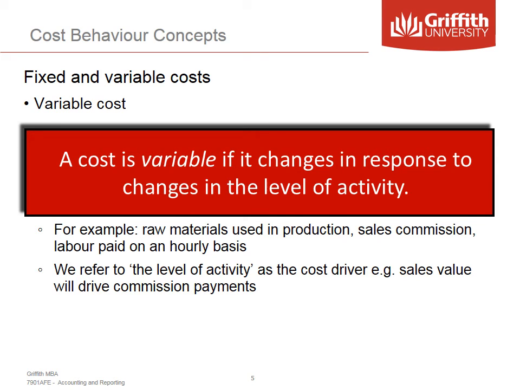Could be the raw materials which are used in production, which will obviously vary if production is higher or if production is lower. Sales commission is another example which will vary. If the sales level is higher, then sales commissions paid are likely to be higher. If the sales are low, then sales commissions will be lower or possibly even zero.